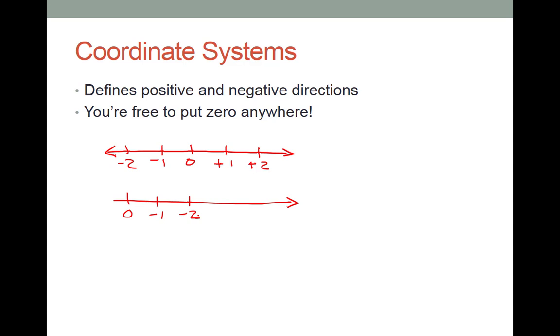I have to be self-consistent with the choice that I've made when I work the problem. But as long as I'm self-consistent, it will work out correctly. I may also have to interpret my answer within my coordinate system. But again, as long as I'm self-consistent, I'll be okay and I'll get the correct answer. Okay. Number lines are the most basic coordinate system.